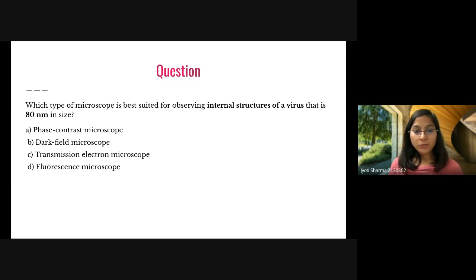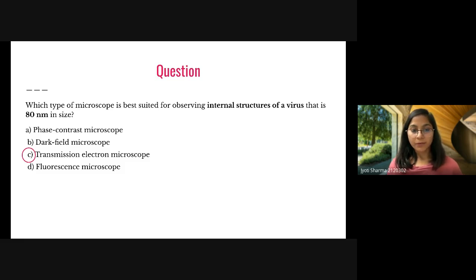What kind of microscope do we need to observe the internal structure of the virus? The microscope will be the transmission electron microscope.